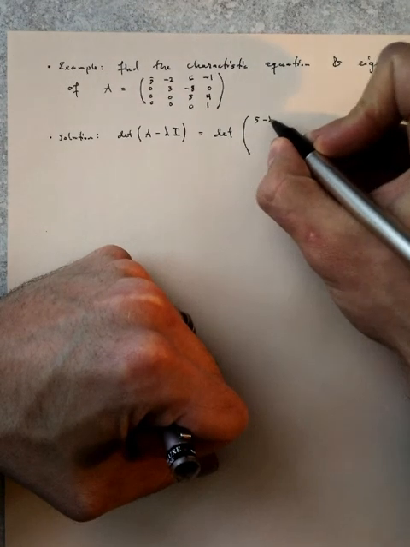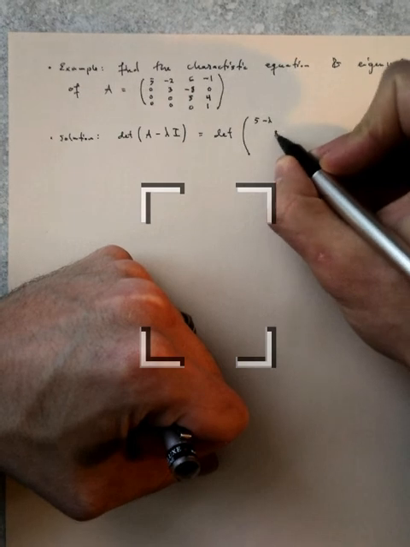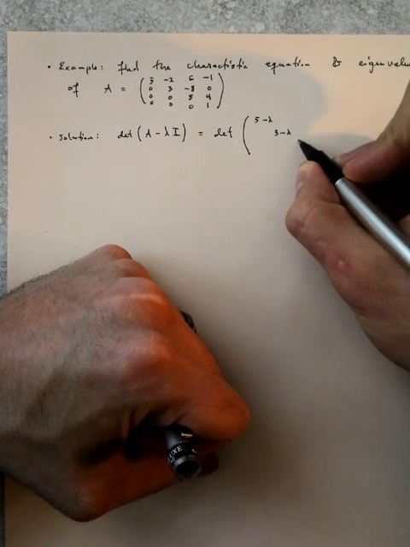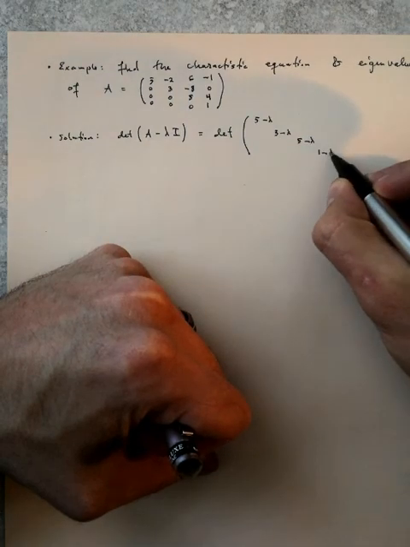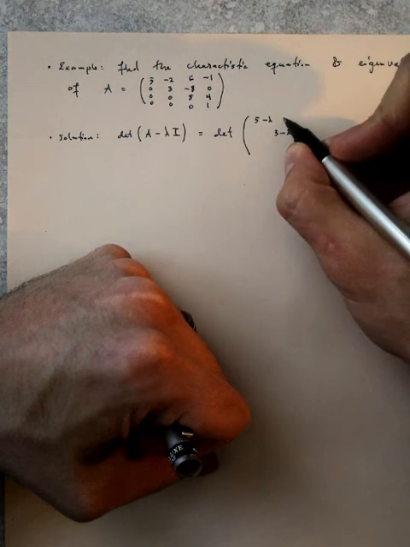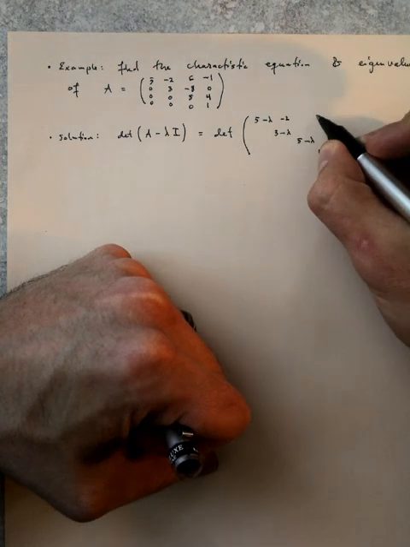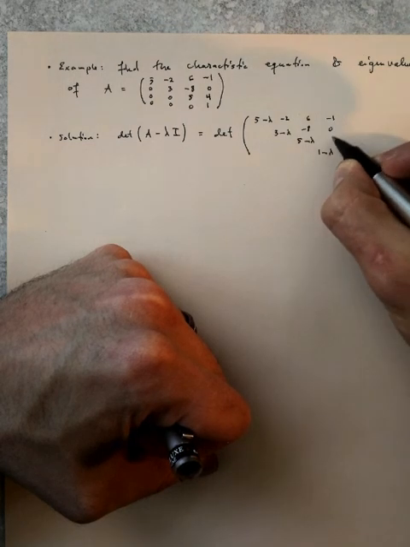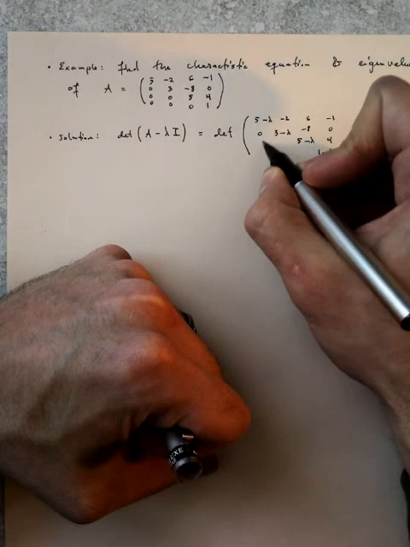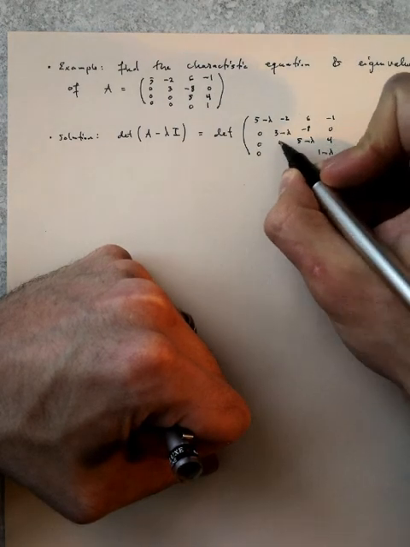This will be 5 minus lambda, 3 minus lambda, 5 minus lambda, and 1 minus lambda. And everything else stays the same. I got negative 2, I got 6 and negative 8, I got negative 1, 0, and 4, and I got zeros everywhere else.